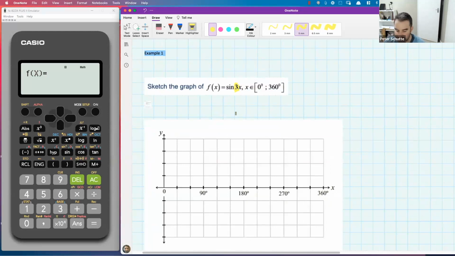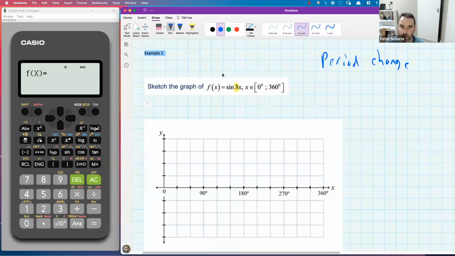So it's not an amplitude, it's not a vertical shift. This seems to be a number in front of the variable. Okay, it doesn't shift the graph horizontally, no, but you're getting warmer. This is what's called a period change for the graph.